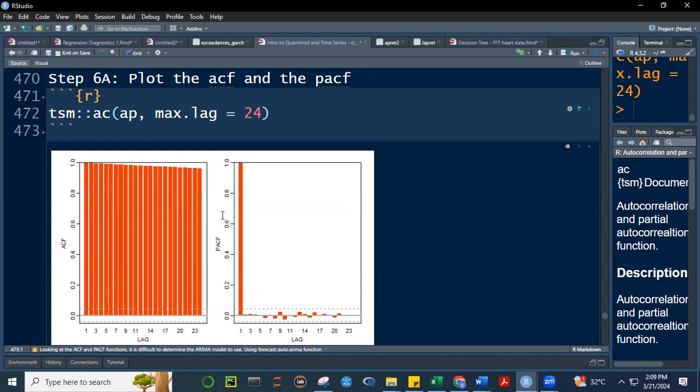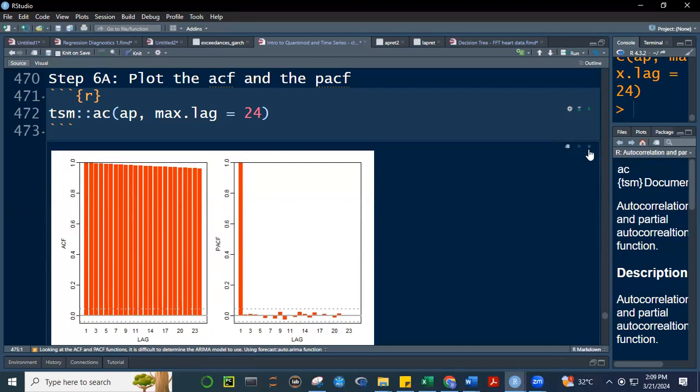Ang correlation niya 1. It's a correlation of the time series with itself. Pero hindi yan ang gusto natin. Ang gusto natin, ang correlation ng time series with its lag values. So ito, indicative that your data is not stationary. So this is a slow decay. Pag ganyan, class, hindi ka makakapag-create ng model actually.